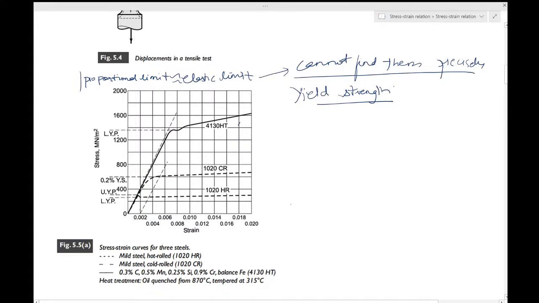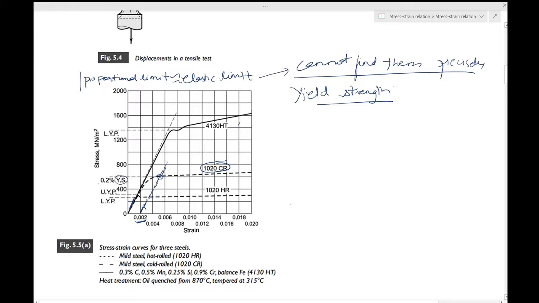At this 0.2% strain, you draw a line which is parallel to the elastic part of the curve, and then you let it go up. The point at which it meets your curve, consider this 1020 CR curve and ignore the other curves, the point at which this line, the slope of which is the same as the elastic part, meets this one, this is the yield strength.